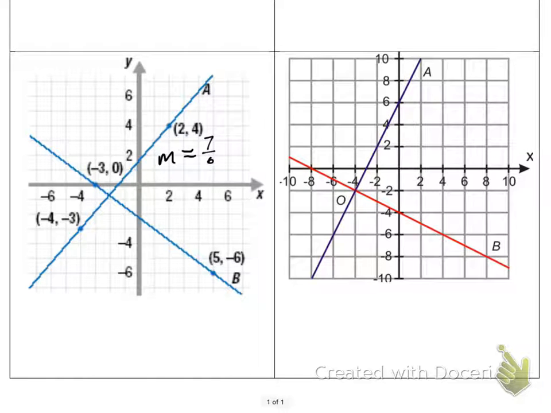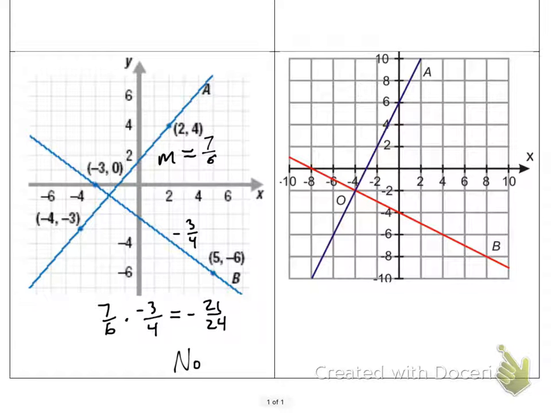And this one, you have a slope of -3/4. So when you multiply those together, your 7/6 times -3/4 gives you -21/24. And remember, I said the closer it is to -1, the more it's going to look perpendicular, but it's only perpendicular if it's actually -1. So no, these are not.